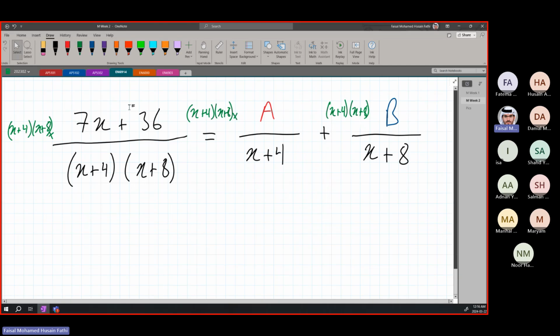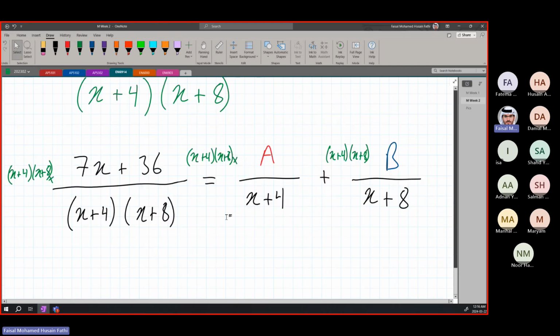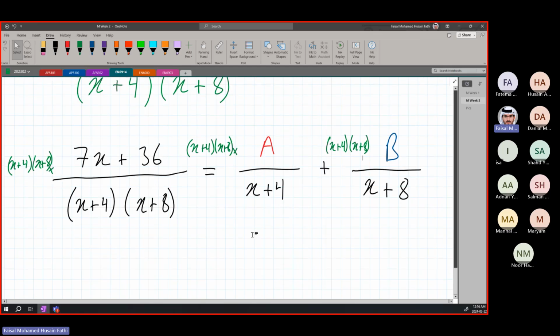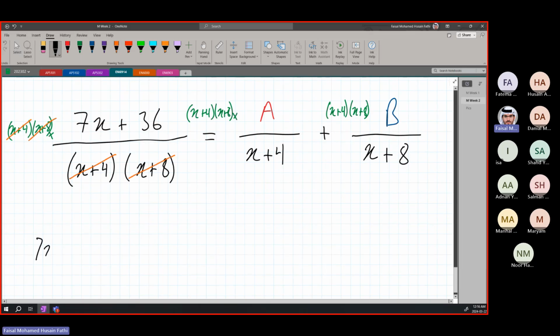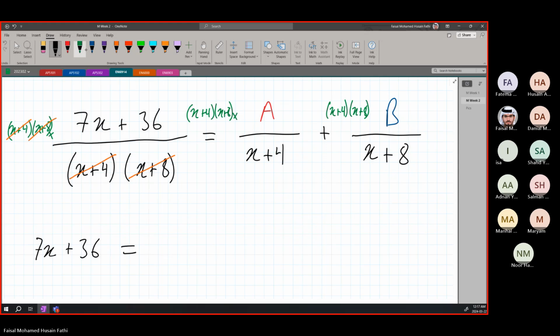Okay? We're not changing anything, we're just multiplying everything by the denominator. Anything you do to the left side, you do to the right side of the equation. What happens here? If you notice, the x plus 4 and x plus 8 here will cancel out completely. So we are left with 7x plus 36 is equal to the following.